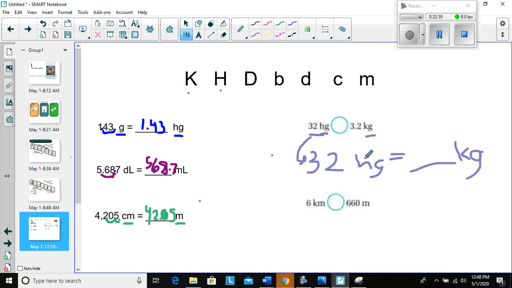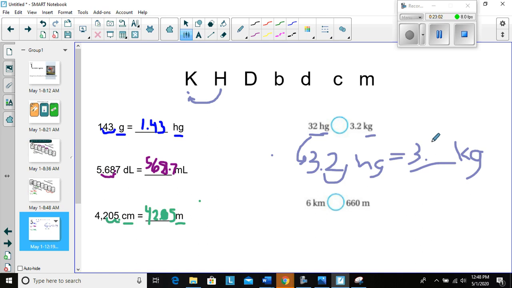So if I'm changing hecto to kilo, there they are, hecto to kilo. If I'm starting with hecto, that means I'm moving this way, up, forward. So that means the decimal is going to go forward one jump. Since there's no decimal in 32, I'm going to add one in the back, and then I'm going to jump up one. It was just one jump, and I got 3.2, that goes here on my line.